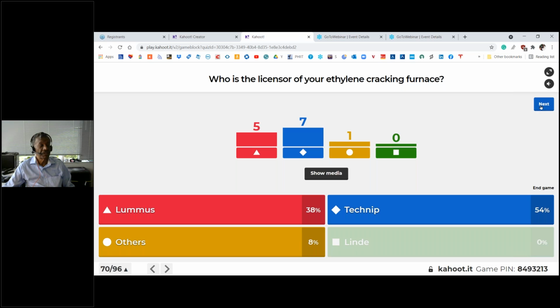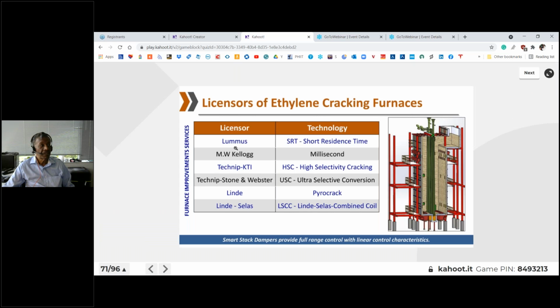They are the major licensors, two licensors out of four. These are the different licensors which have been offering SRT or HSC or USC, different technologies for cracking furnaces.